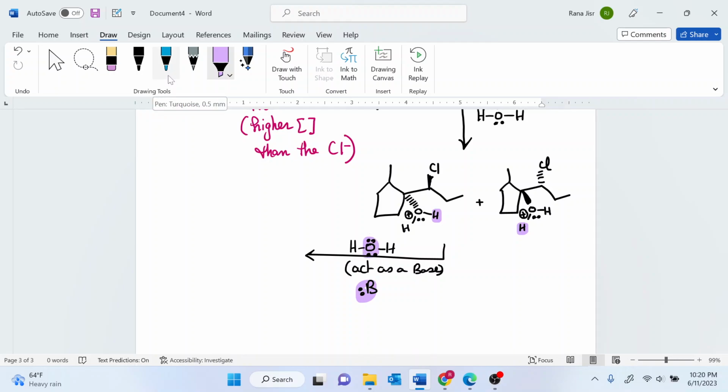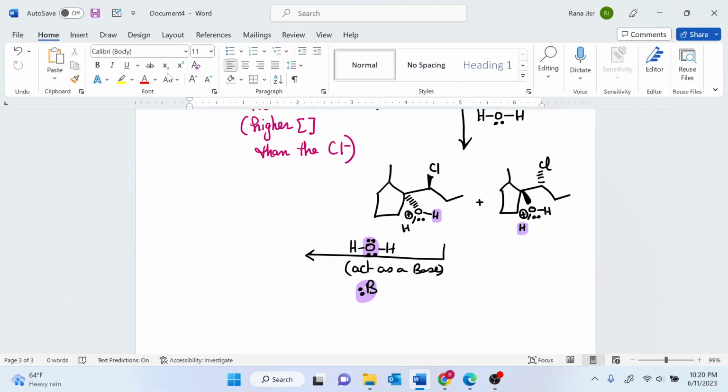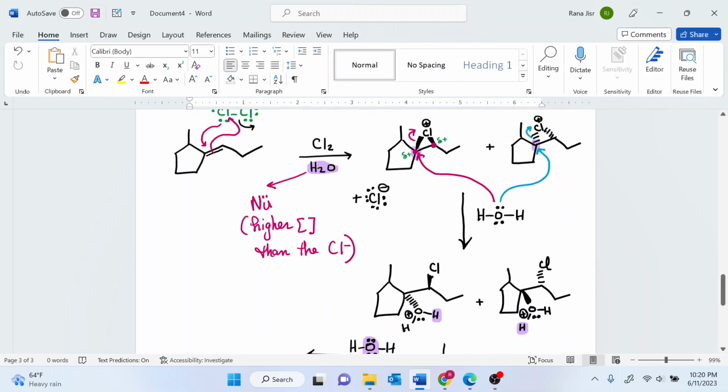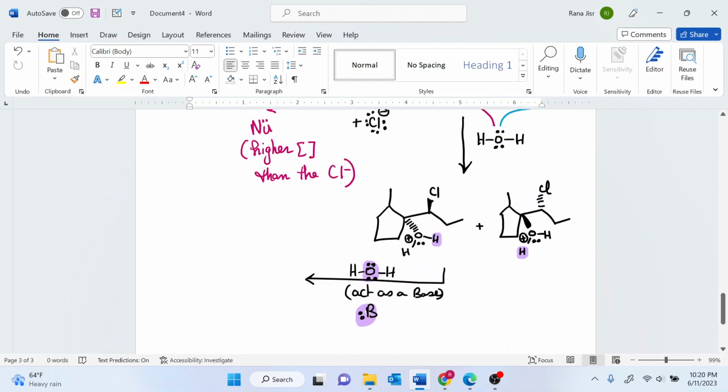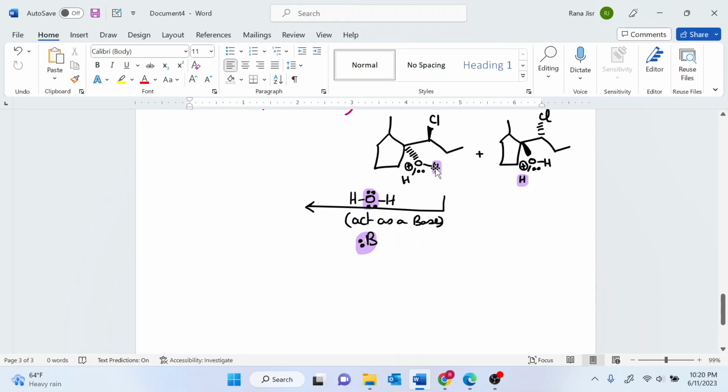Any base with lone pairs can do the job. I would stay away from the Cl minus because the Cl minus is not a strong base. Cl minus is a strong nucleophile, but it is a weak base in there. So I will not use it in order to pick that extra hydrogen because we want to avoid the formation of HCl in there. So water is a better choice in order to come and pick up that extra hydrogen.